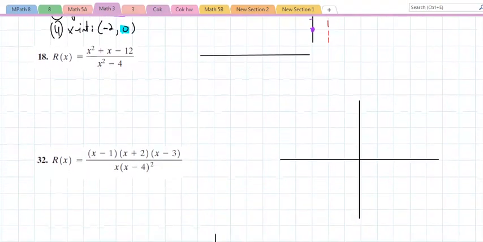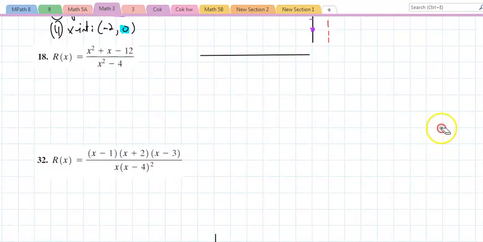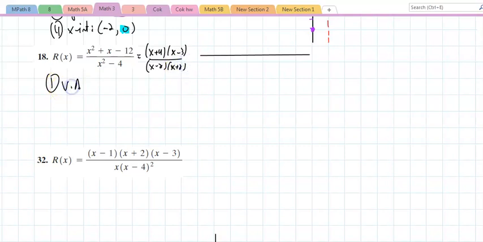How about the next problem down? 1. I'm going to factor this. Isn't the top x plus 4 into x minus 3? Isn't the bottom x minus 2 into x plus 2? So 1, vertical asymptote.